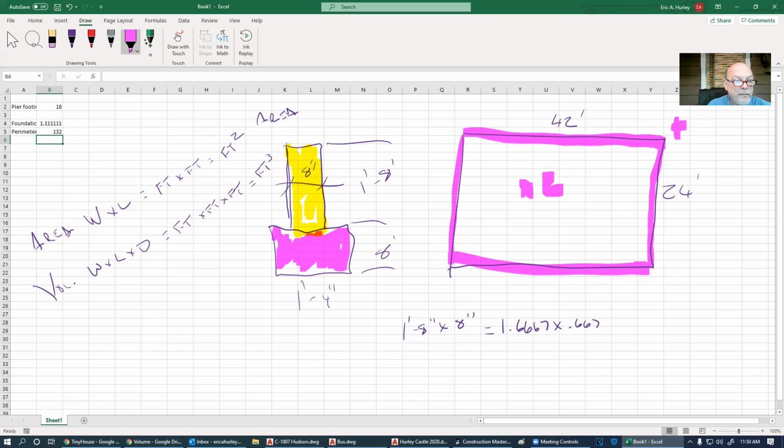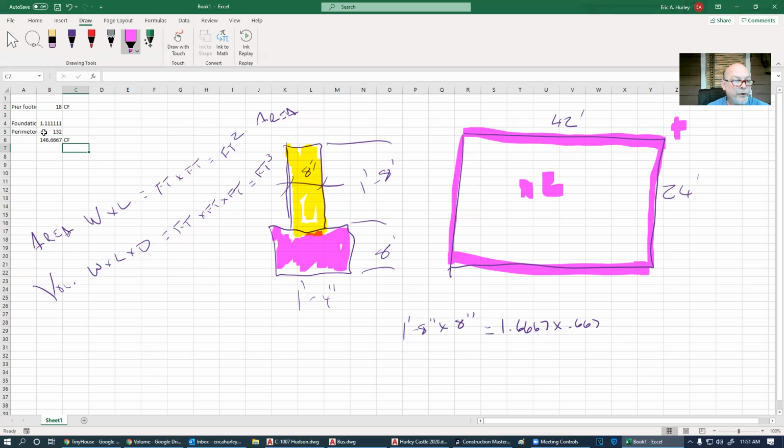I've already found my area of these two here. Now all I've got to do is multiply this times that. So here I'm going to say equals the area of the foundation times the length of the perimeter, and there I have the total. This is cubic feet for the piers and cubic feet for the perimeter footing.